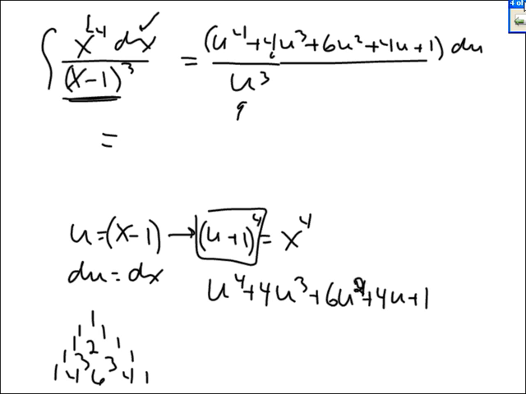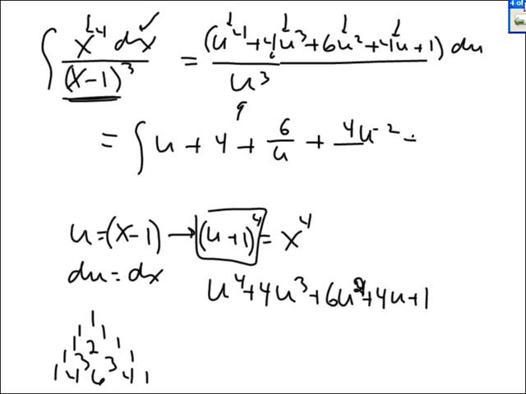That is, u cubed into u to the 4th, you get u; u cubed into 4u cubed, you get 4; u cubed into 6u squared, you get 6 over u; 4u divided by u cubed, you get 4 over u squared, but I'll write it this way. And then you get 1 over u cubed, which I'll write this way, because it's easier that way to take the integral.